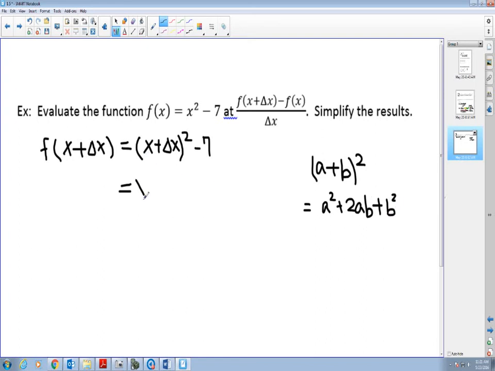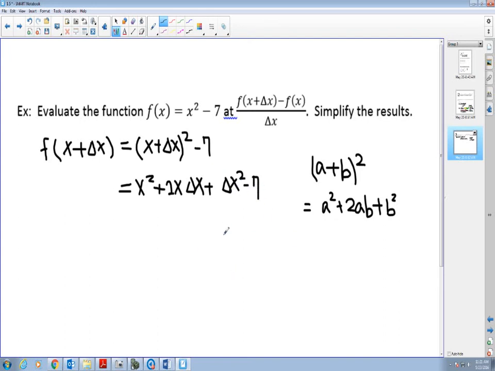So for me, that would be x squared plus 2 times your a times your b. That will be 2x times delta of x plus b squared, delta x squared, and then we minus 7.